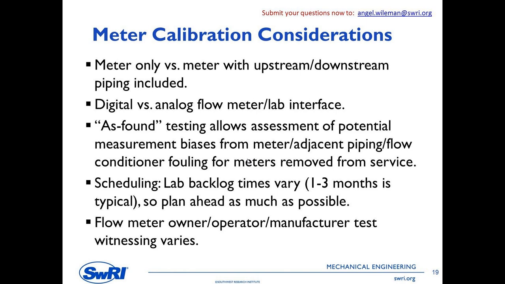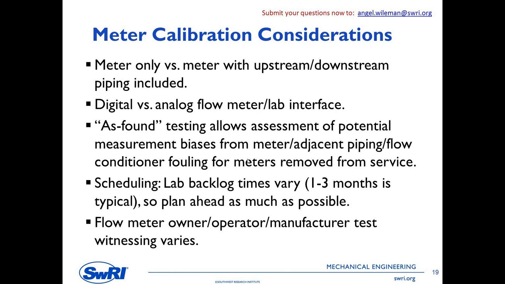Or you've got a transducer that's failing in a multipath ultrasonic. Well, you can do an as-found test there that establishes how much error you might be incurring as a result of that damaged meter. And that may be a good thing for settling arguments with whoever you're trading gas with. And then, of course, you can fix the meter and then recalibrate it and get on with life.